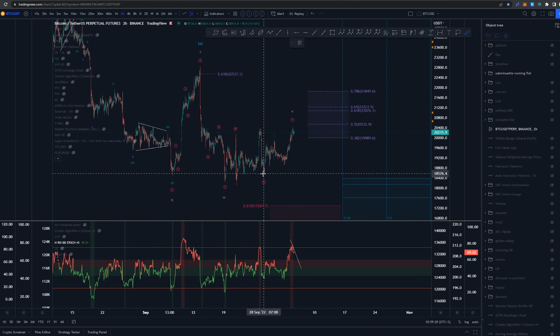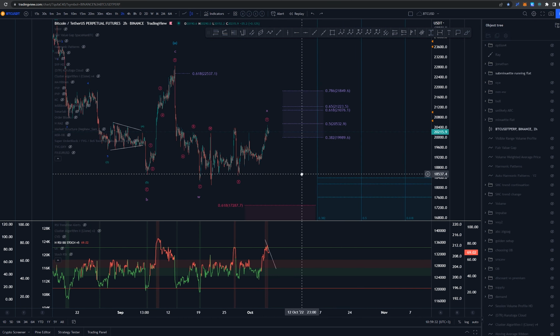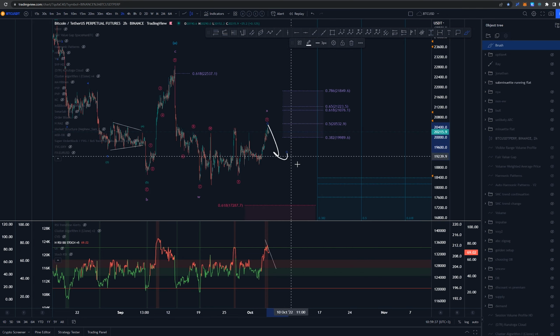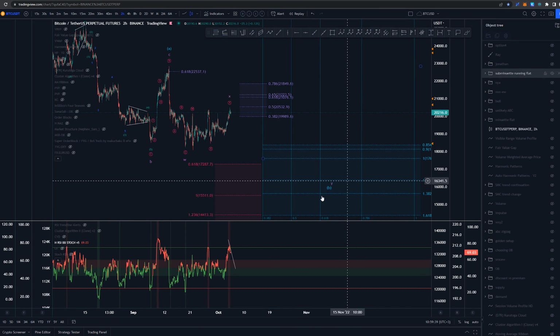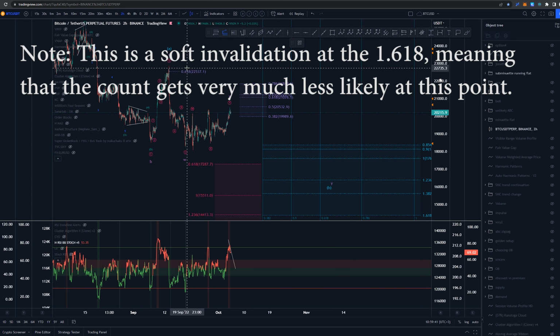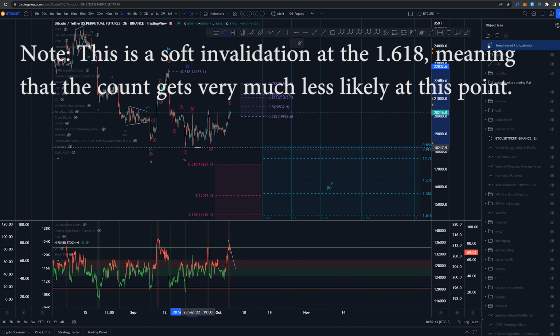The size would have been way better as a comparison to this. But yeah, it is still possible, and now we would be looking for lower to at least create that wave Y here, right?